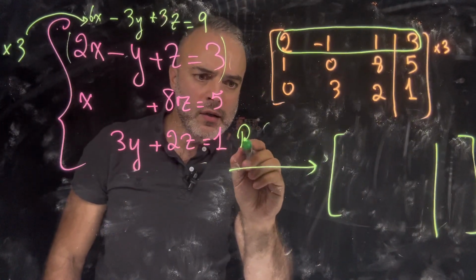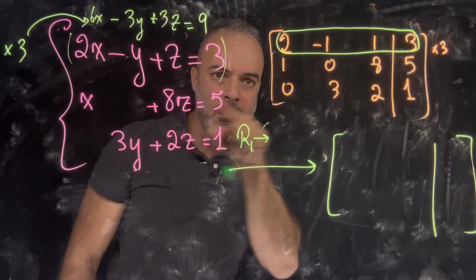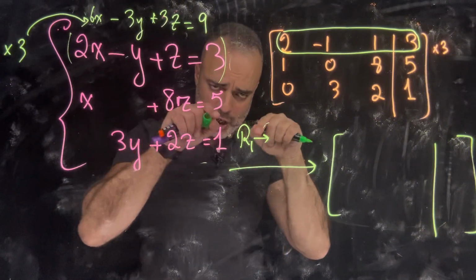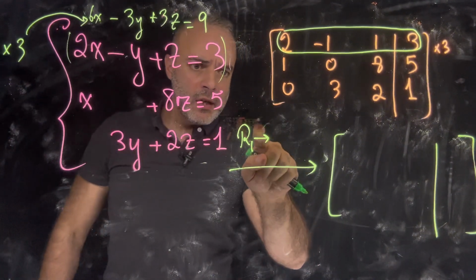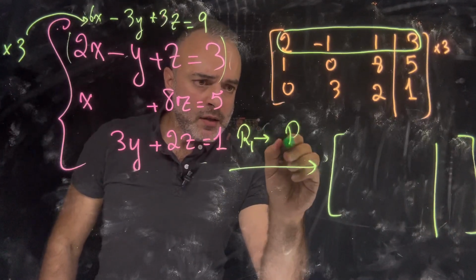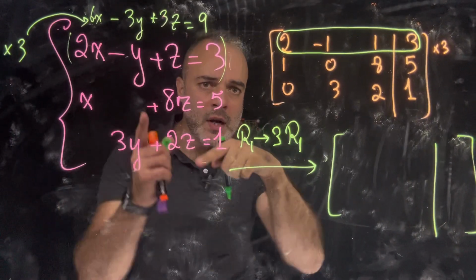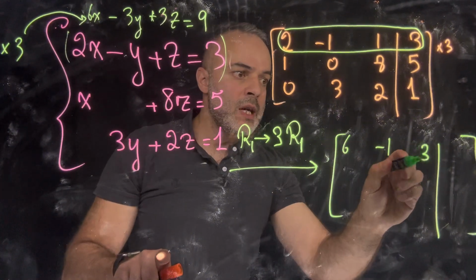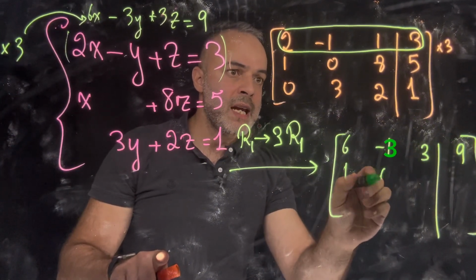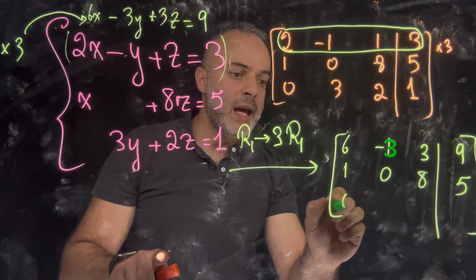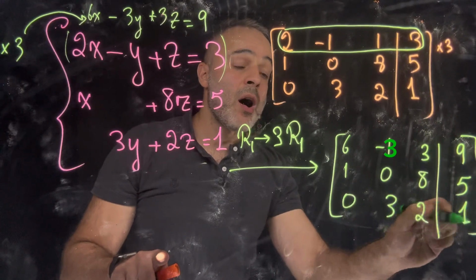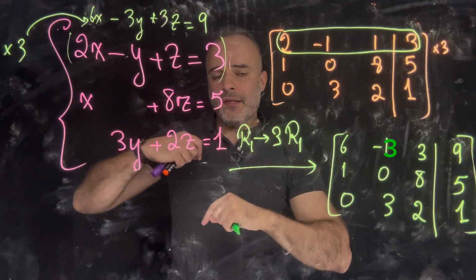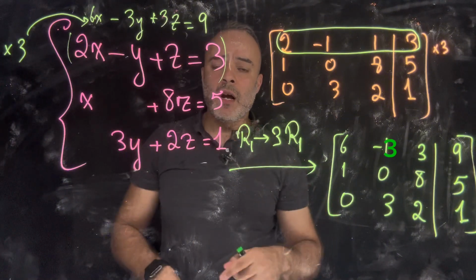So R1 becomes, with one arrow, this means I'm going to change this row. So I'm going to multiply R1 by 3. So R1 now becomes 3R1. So this becomes 6, -3, 3, 9, and the other rows remain as is. And that's the second elementary row operation. So swap, that's the first. Second, multiply any row by a constant.